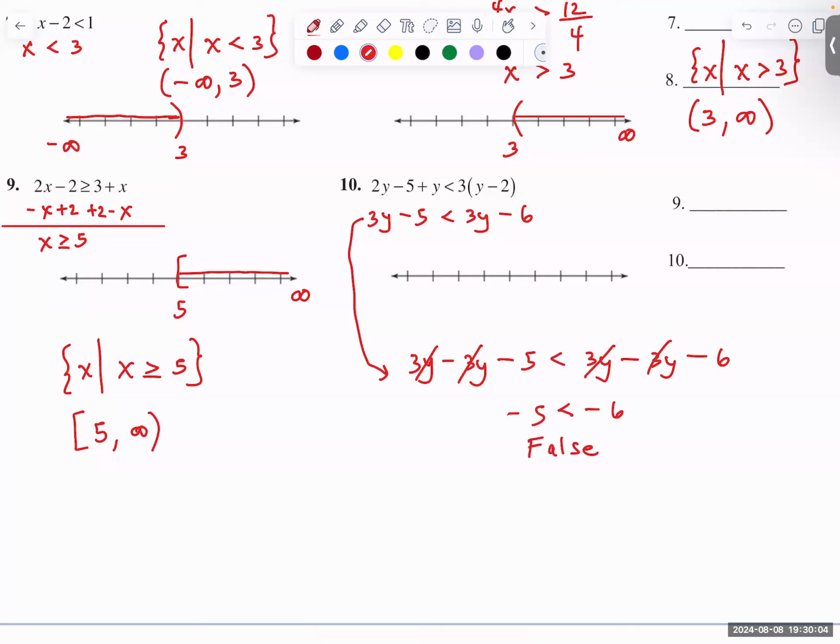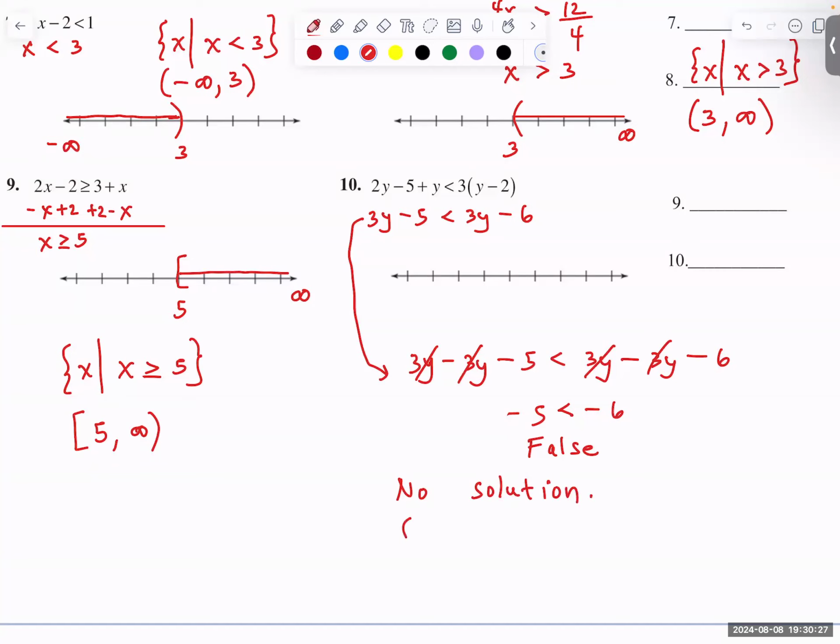And therefore, there is no value for y that would ever make the statement true, since the y terms will always cancel out. You will always get a false statement for any real number y. So that means there's no solution. With no solution, there's no graphing on the number line.